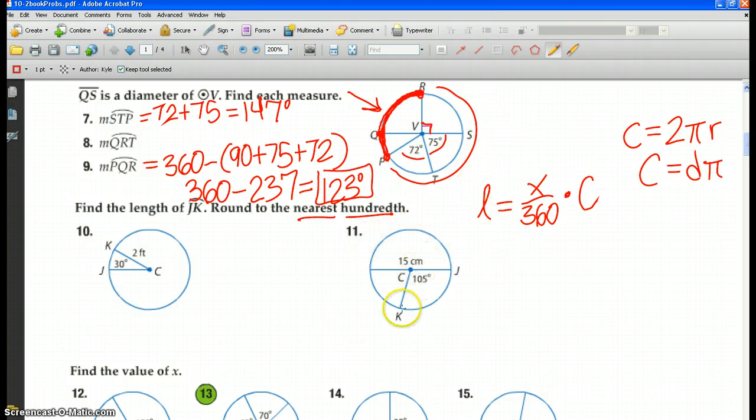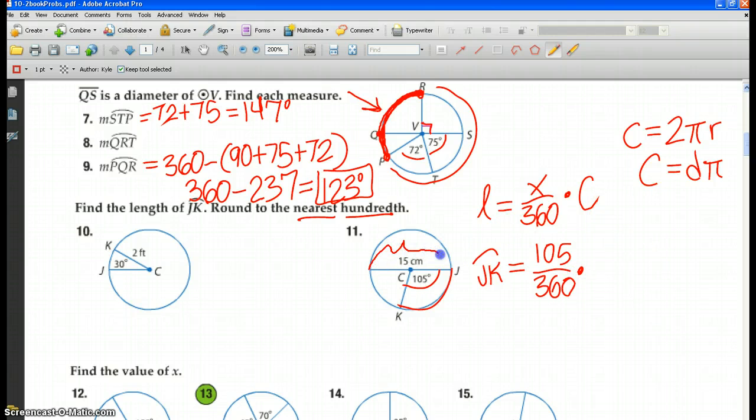For number 11, JK has a central angle of 105. So our length is going to be equal to, actually I should probably just write JK is equal to central angle over 360 times the circumference.